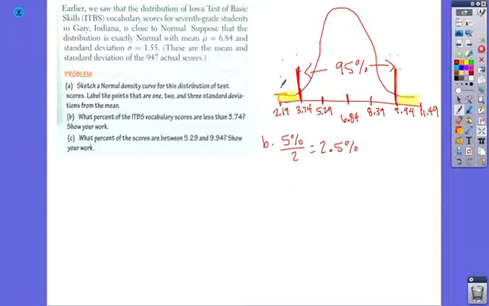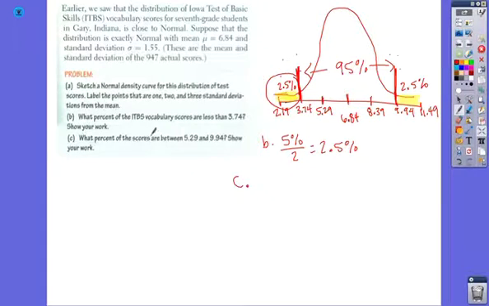So what that means is there's 2.5% that is below or more than 2 standard deviations away from the mean on the left side, and 2.5% that is more than 2 standard deviations away on the right side. What we are concerned about is the left side, though, so we would say 2.5%.